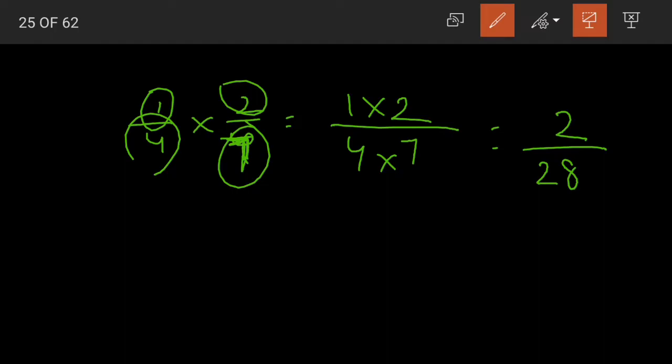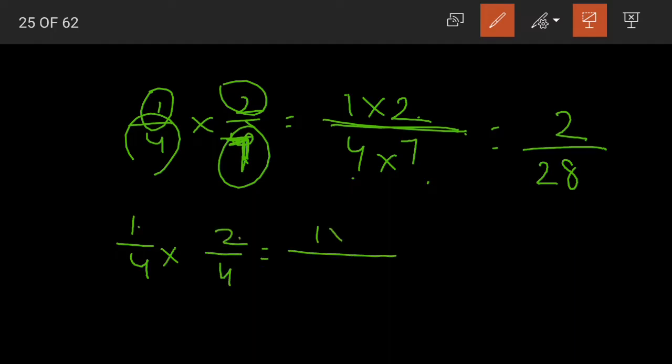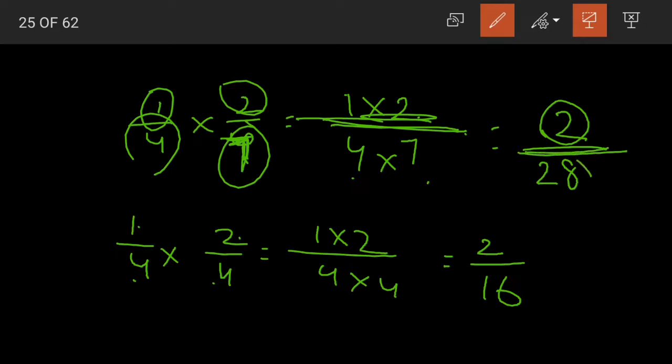Understood, children? What did we do here? Multiply the numerators divided by multiply the denominators. See, even if they are like fractions, what we'll do? 1 into 2 divided by 4 into 4. 1 2s are 2, 4 4s are 16. So when we are multiplying two fractions together, the product will be the product of the numerators divided by the product of the denominators.